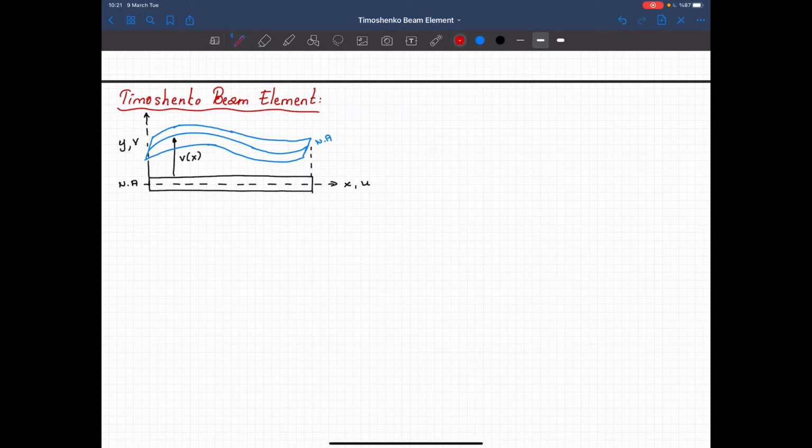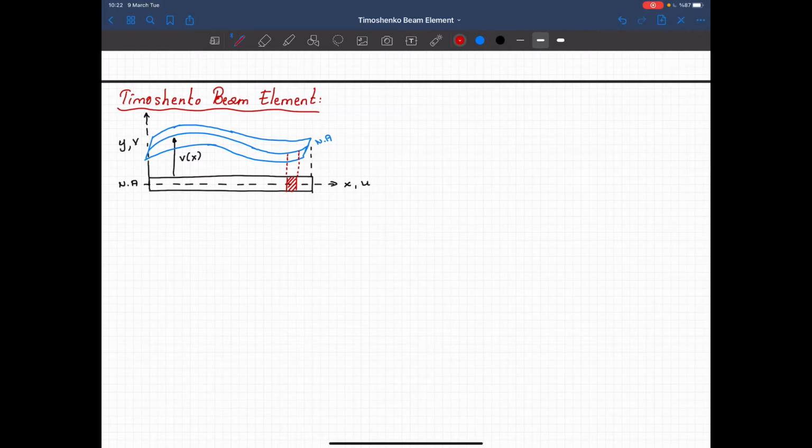Now let's take an infinitesimal element somewhere here, and let's show it in the deformed configuration.